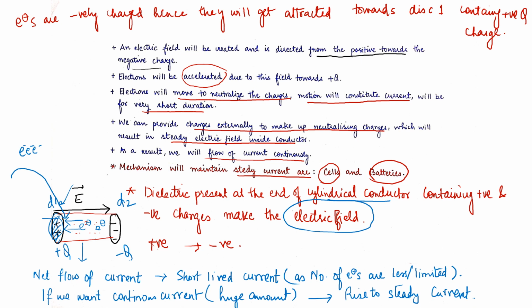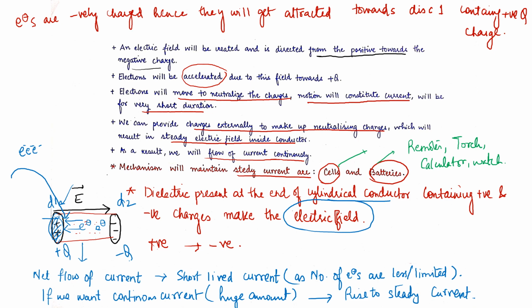One of the best mechanisms where we can see the flow of steady current is the cells and batteries, which we use in TV remotes. We use these in torches. We use them in various other electrical equipment. Our calculators have these cells and batteries. Calculators, watches, be it a wristwatch or a wall watch, anything.